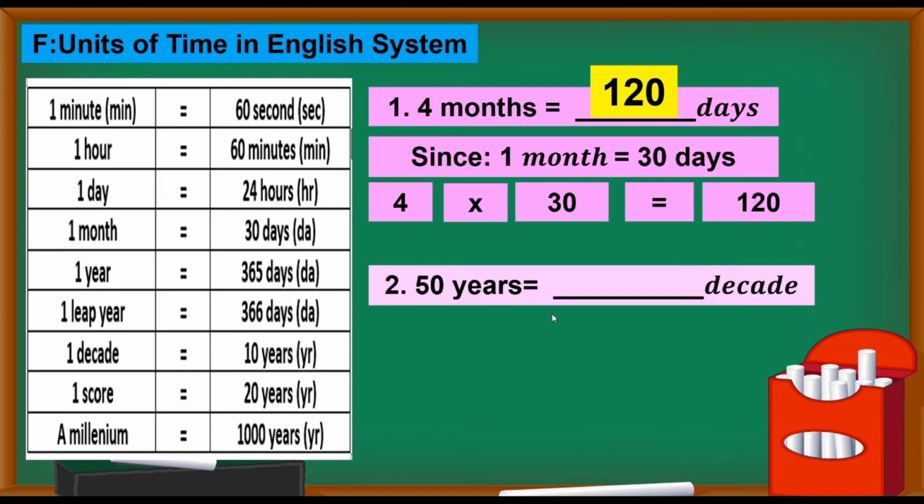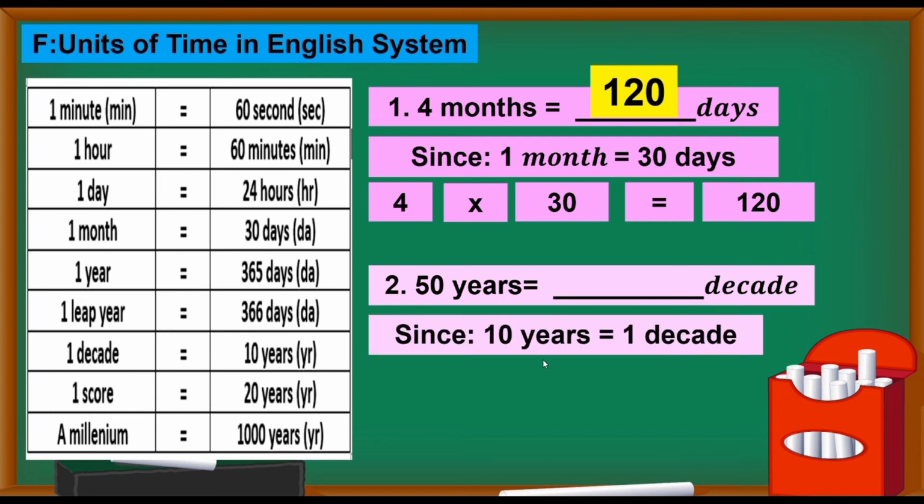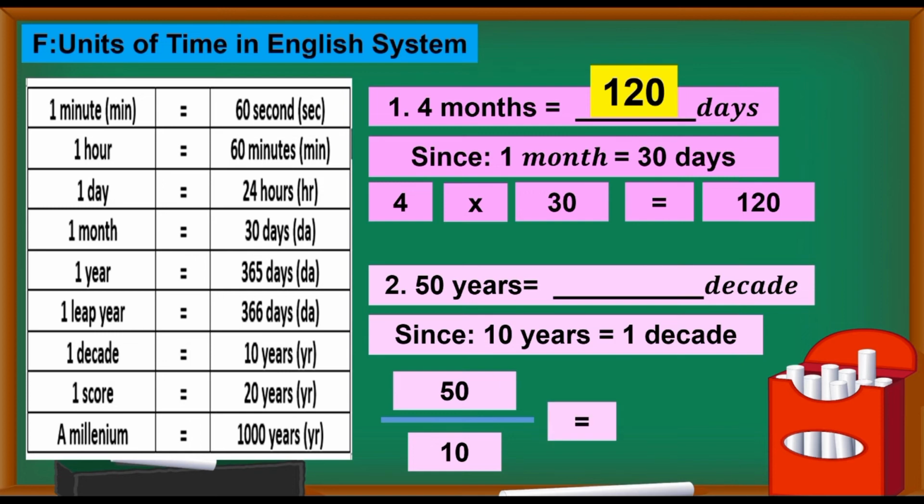Another example, 50 years, how many decades? Since 10 years is 1 decade, we divide 50 by 10, and that would be equal to 5. So, in every 50 years, there are 5 decades.